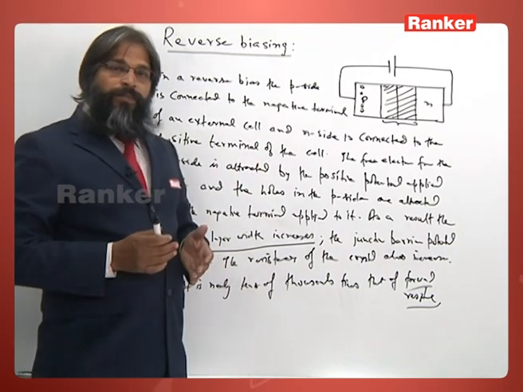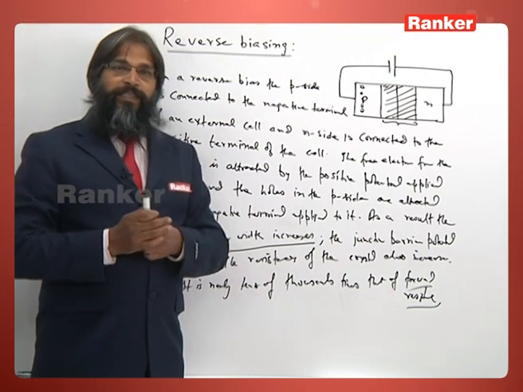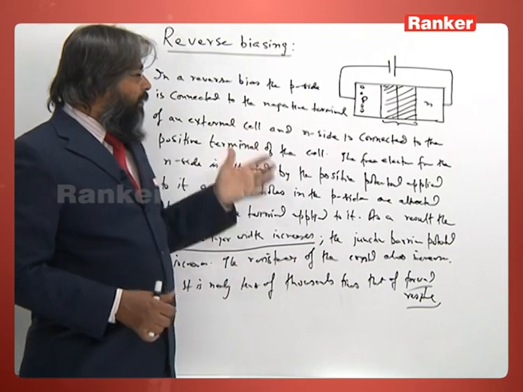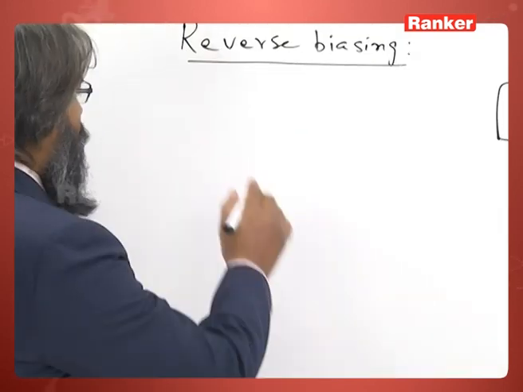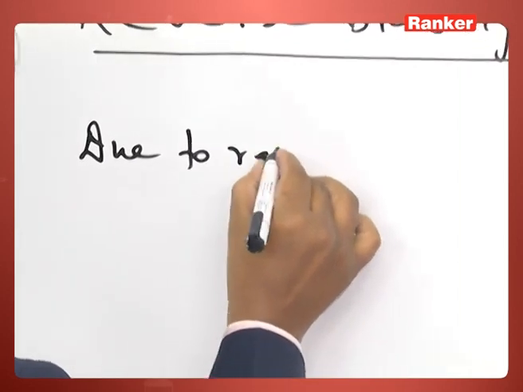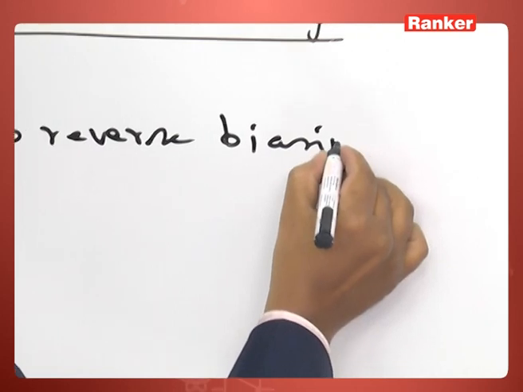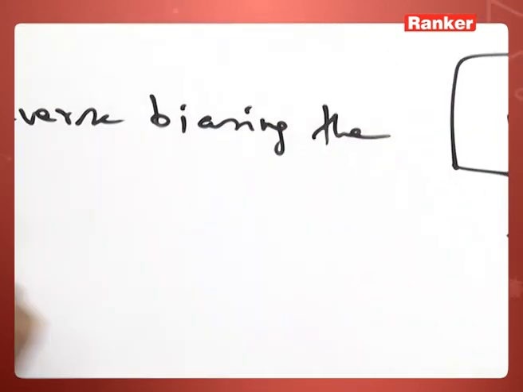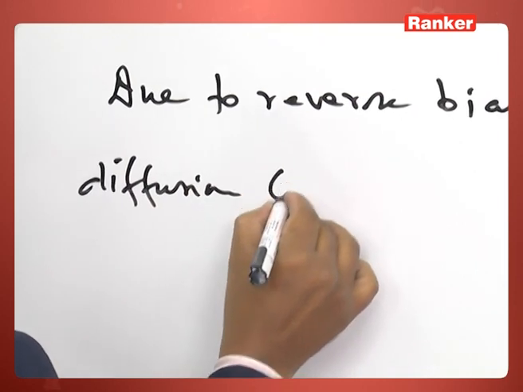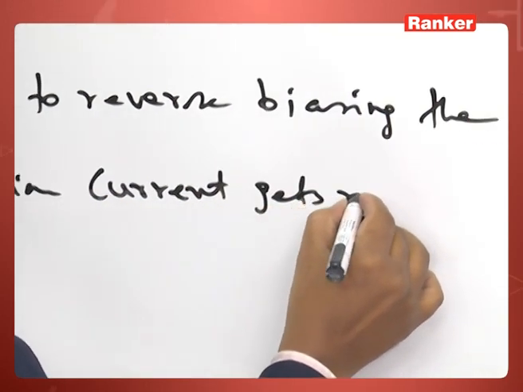Please take this down and then we will see the order of current and the graph, how reverse current varies with voltage. Now, due to reverse biasing, the diffusion current gets reduced.